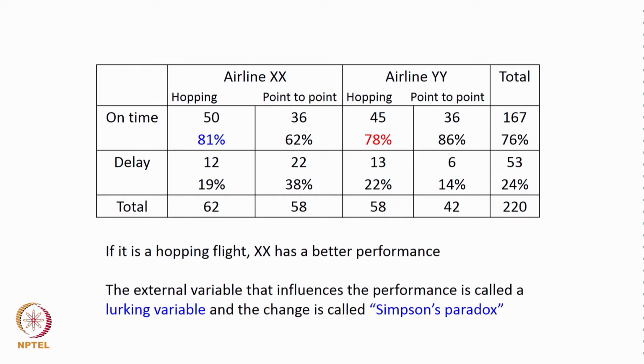If it is a hopping flight, XX seems to have a better performance. The external variable that influences the performance is called a lurking variable, and the change through this lurking variable is also called the Simpson's Paradox.